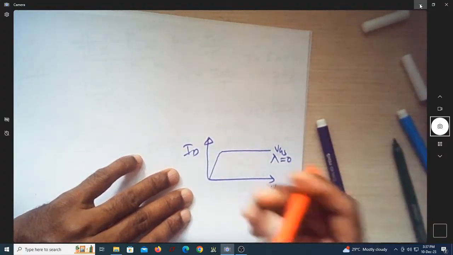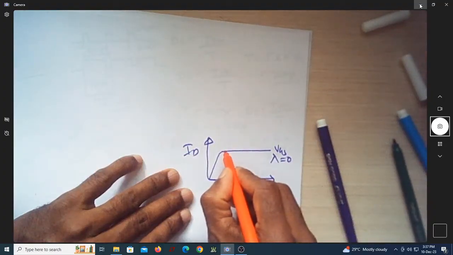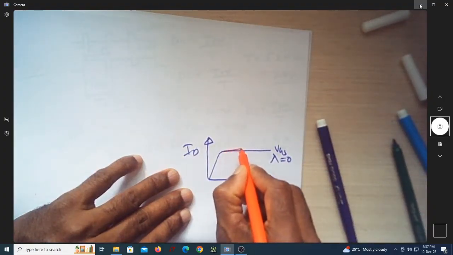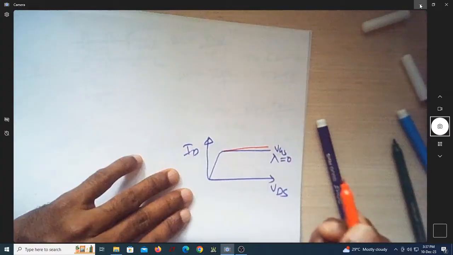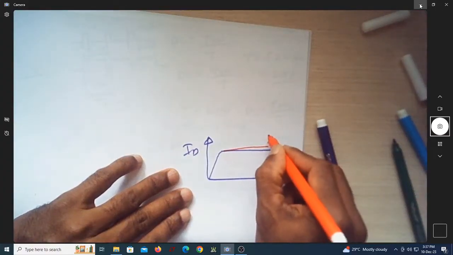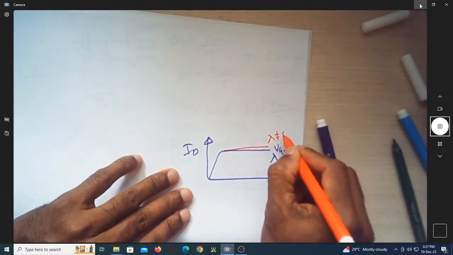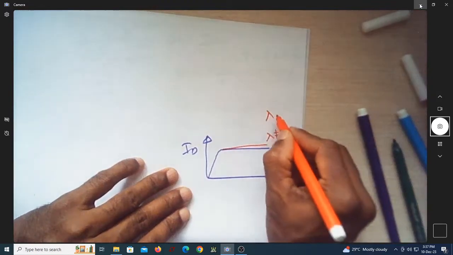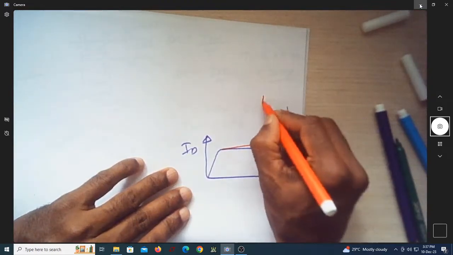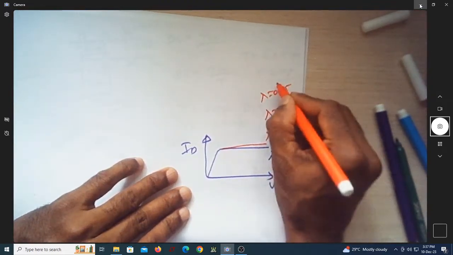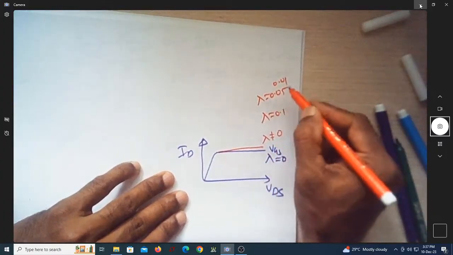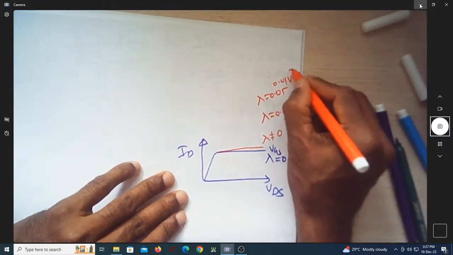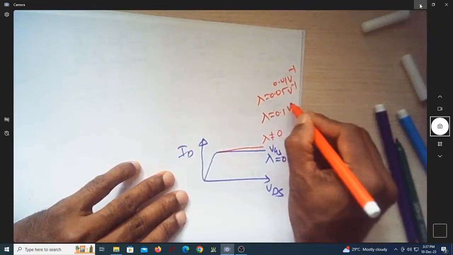In a practical MOSFET, the current increases. So now lambda is non-zero. Typically the value of lambda is 0.1, 0.05 or 0.01. These are the typical values of lambda, whose unit is volt inverse.